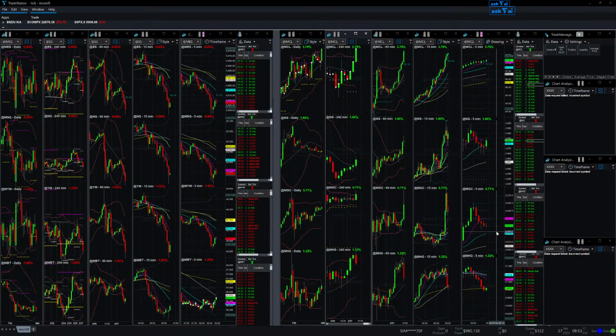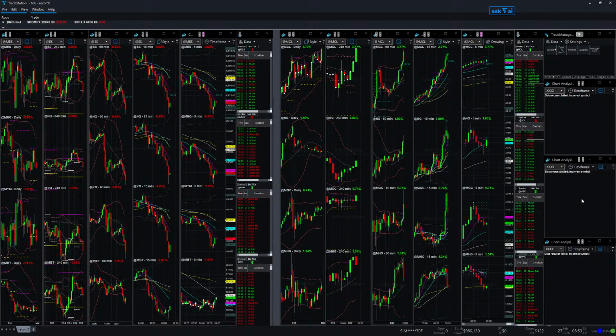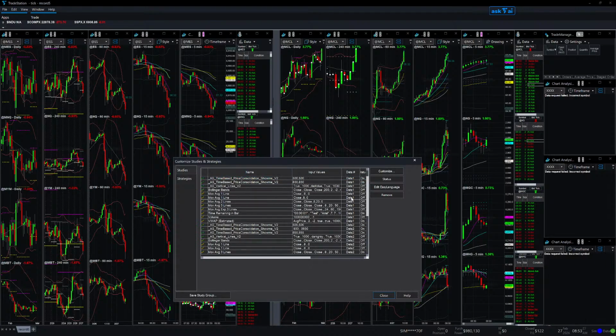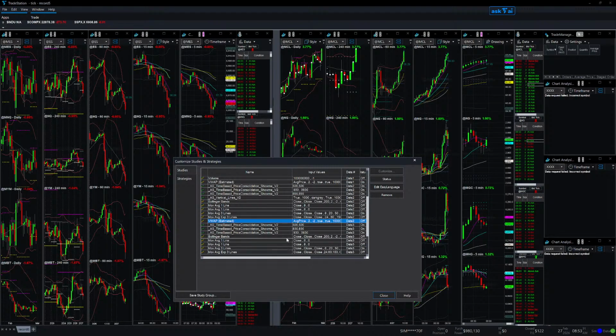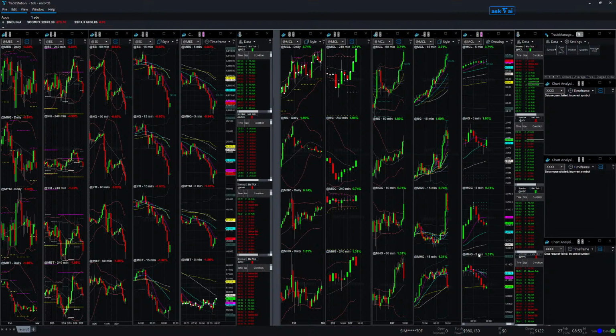VWAP right now is, oh, I don't have VWAP on this chart. Let me have it. I think I might already have it. Just have to enable it. VWAP right here. Okay.